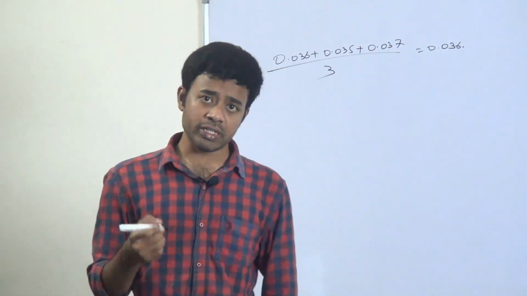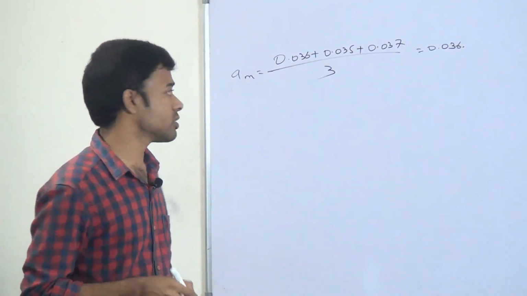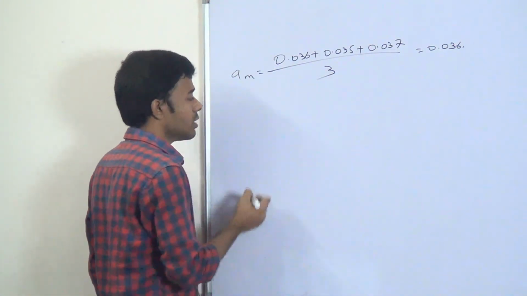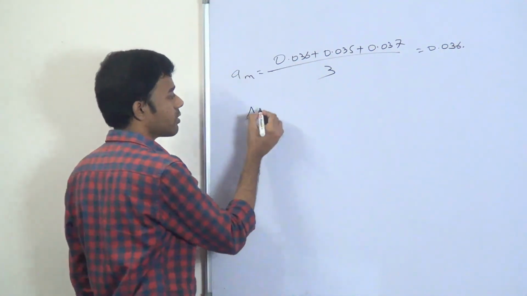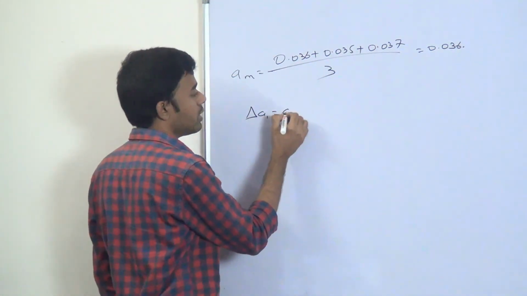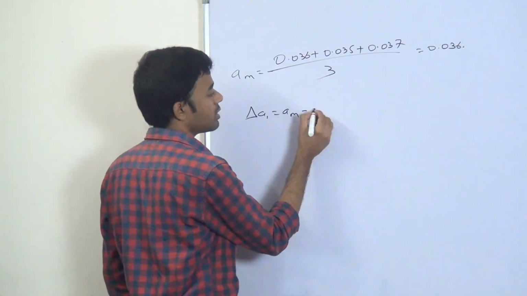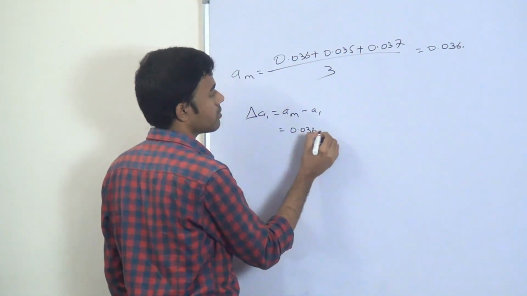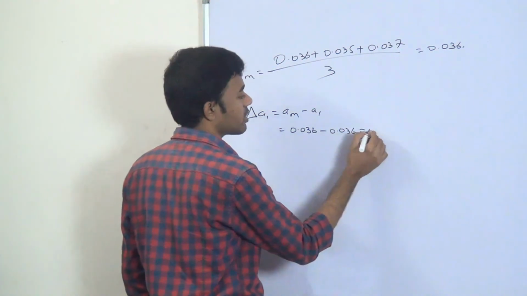Now to find the fractional error, we need the mean value and also the mean of the errors. Absolute errors are found like this. The absolute error for A1 is the mean 0.036 minus the measured value 0.036, so the error is 0.